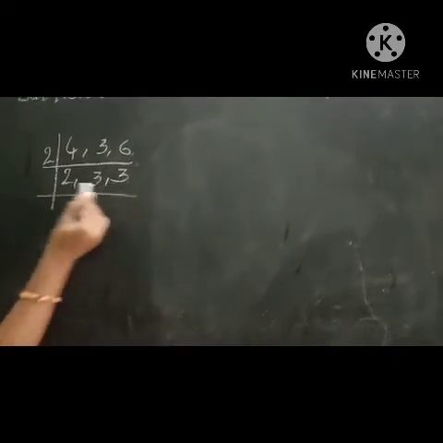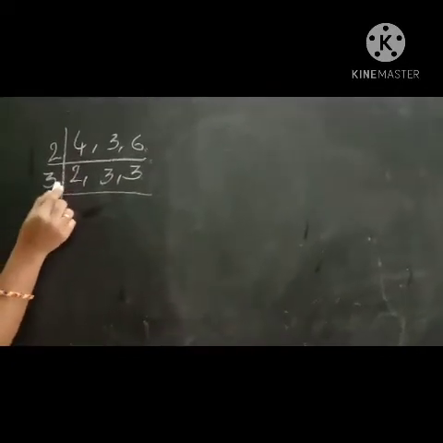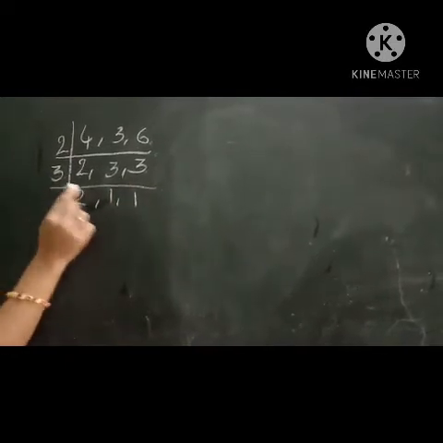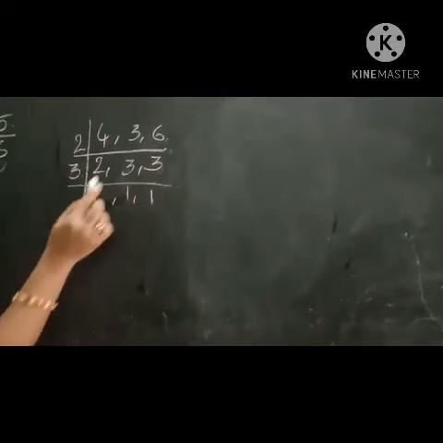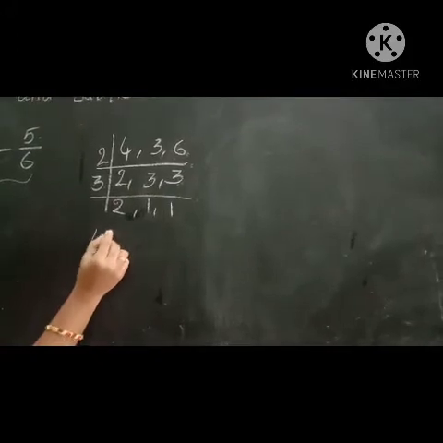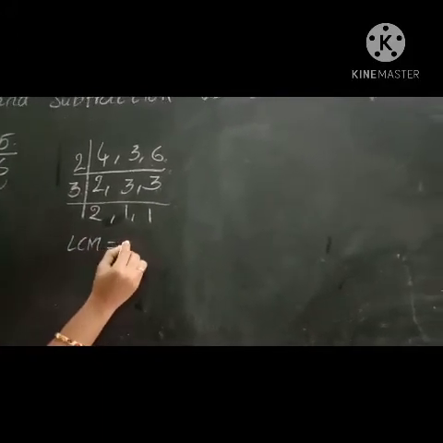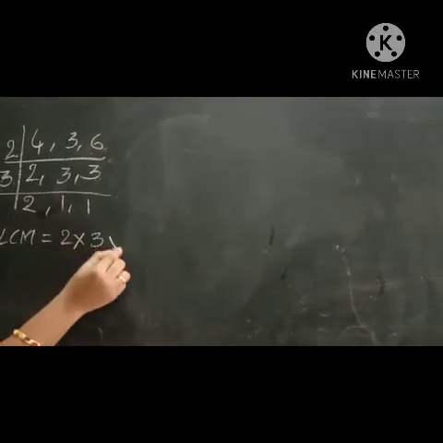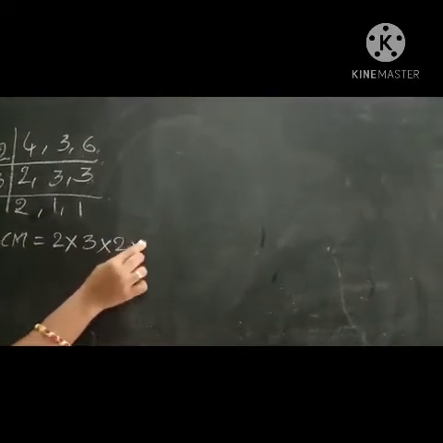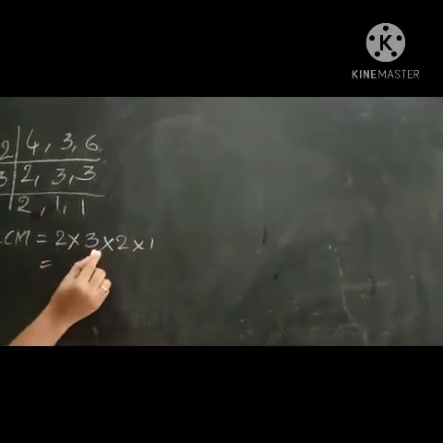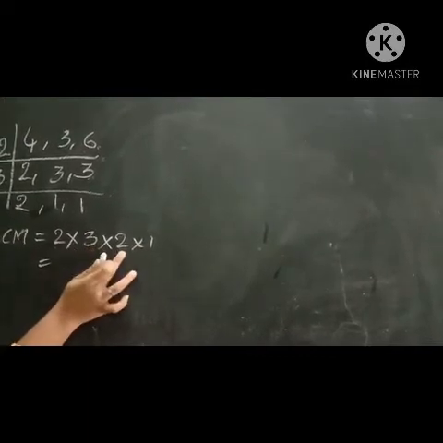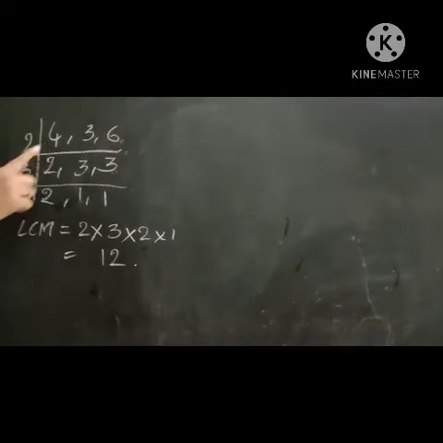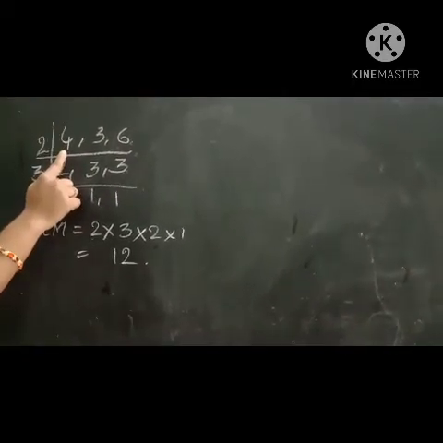These two numbers are divisible by the 3 table. Write 2 as usual and 1 and 1. 3 ones are 3, 3 ones are 3. So what is the LCM here? 2 into 3 into 2 into 1. 2 3s are 6. 6 2s are how much? 12.